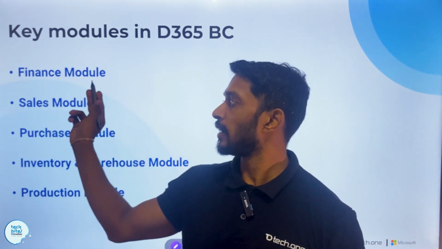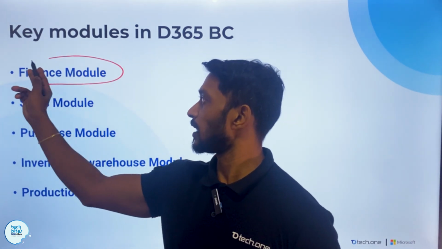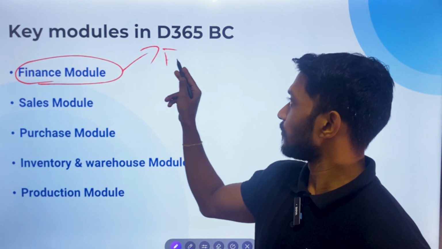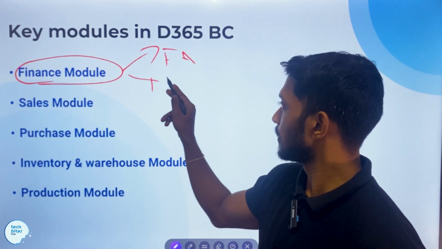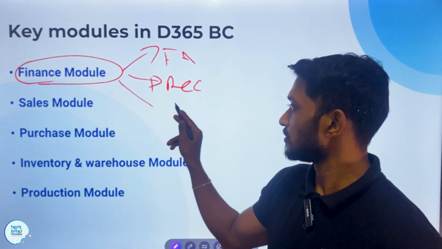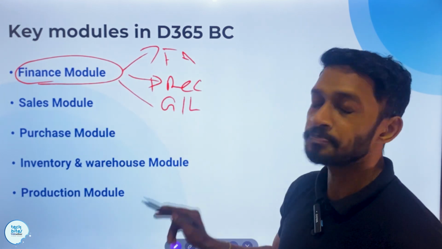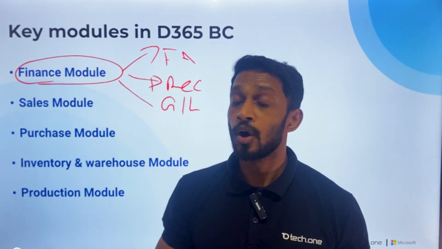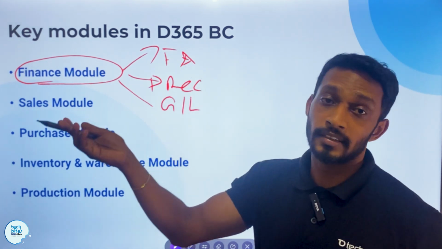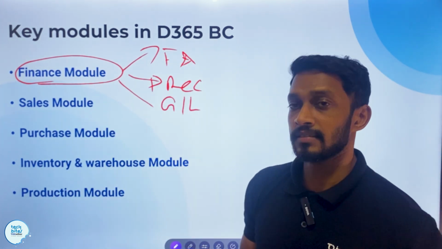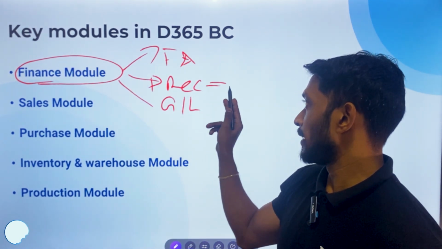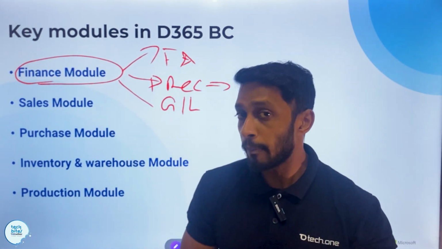If we talk about the finance module, we can capture a lot of things, even fixed assets, bank reconciliations, GL entries. If you talk about fixed assets, you can do disposals, purchases, and depreciation calculation. Especially automatic bank reconciliation and bank statement upload.